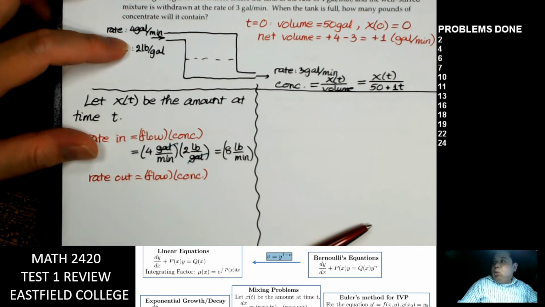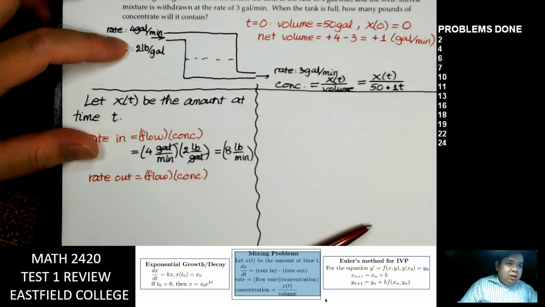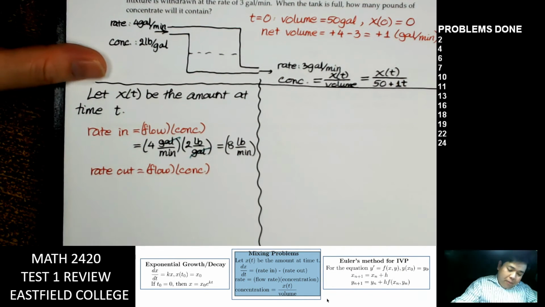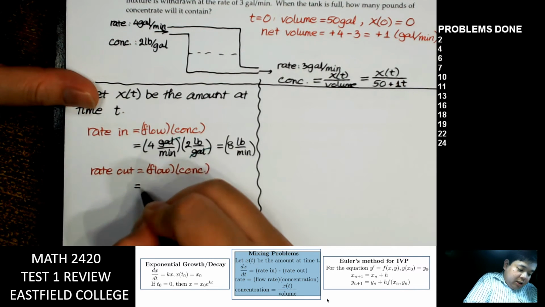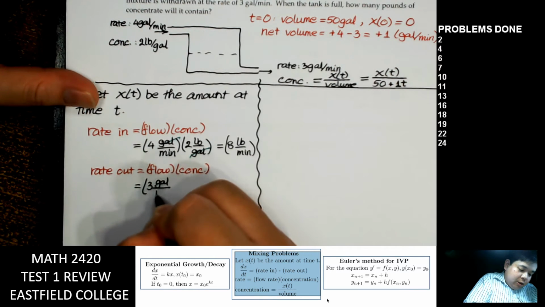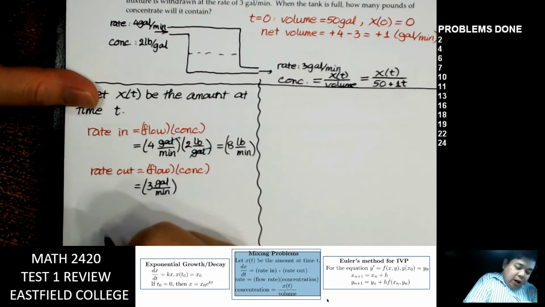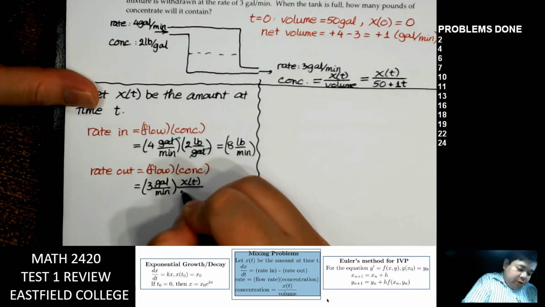By the way, we do have those formulas in the mixing problem down here. The flow rate is 3 gallons per minute, the concentration x of t over 50 plus t.